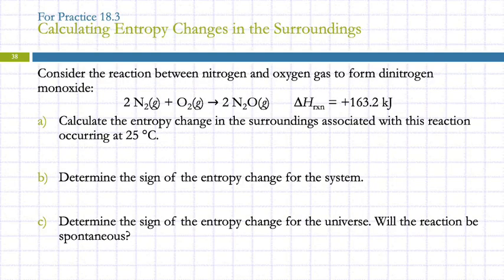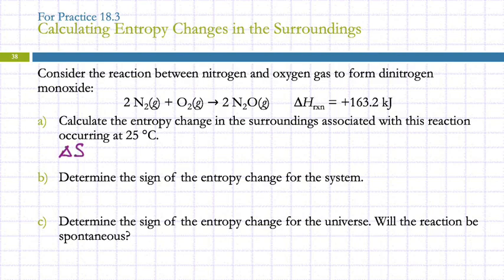So consider the reaction between nitrogen and oxygen gas to form dinitrogen monoxide. Calculate the entropy change in the surroundings associated with this reaction occurring at 25 degrees C. So we just learned an equation for that.